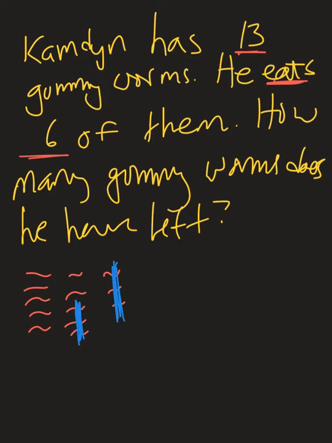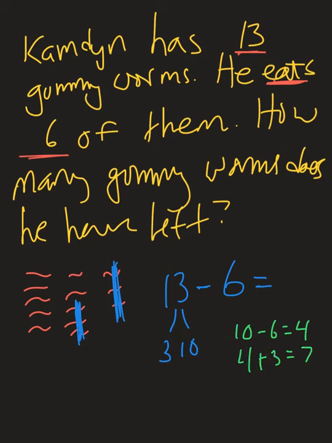Now we can write it. 13 minus 6 equals, we can count our answer, or we can also number bond. And we end up with 7.